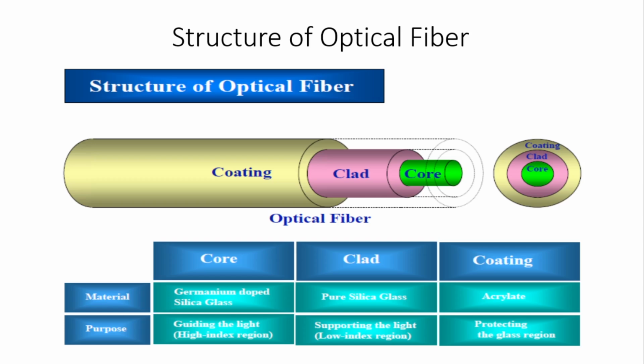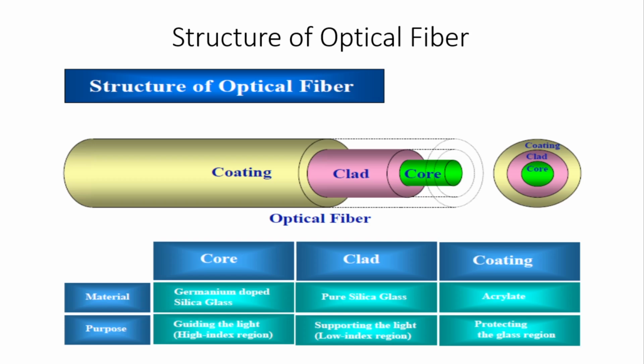If you observe below, there is one table showing the material and purpose of each part. The core is formed by germanium-doped silica glass. Its purpose is guiding the light, a high index region. Next is the clad, pure silica glass, which supports the light, a low index region.